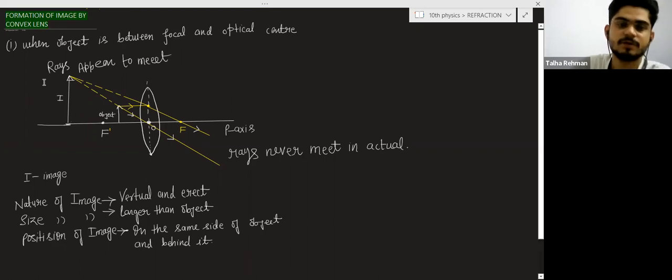You can write here: these rays appear to meet, and here you can write: rays never meet in actual.